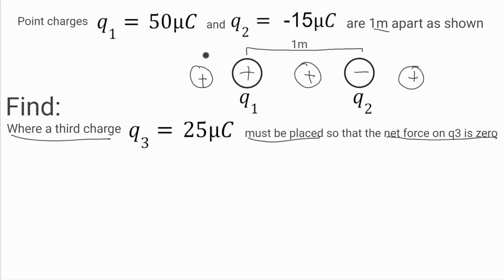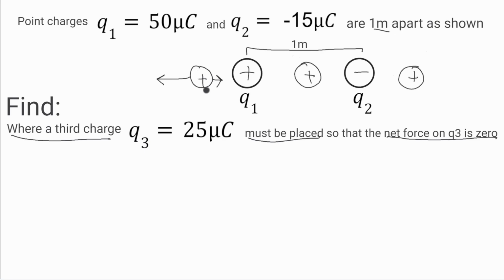So now I'll look at what happens on the left side. I see that Q1 and Q3 are both positive, so Q3 would be repelled to the left. And I see that Q2 is negative, so Q3 is going to be attracted to the right. But Q1 has a higher magnitude than Q2, and Q1 is always going to be closer to Q3.